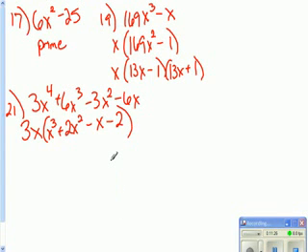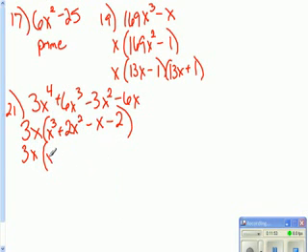Alright, well, now we've got basically 4 terms in here, but there's nothing I can take out of all of them. But if I rearrange them and use some skills from earlier in this chapter, I could take some things out of each one.